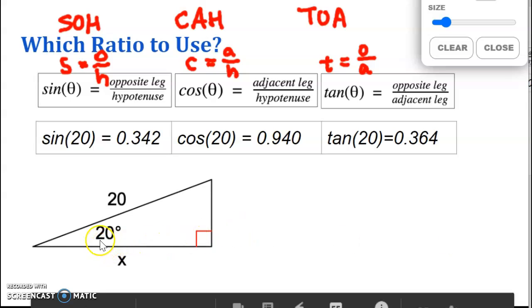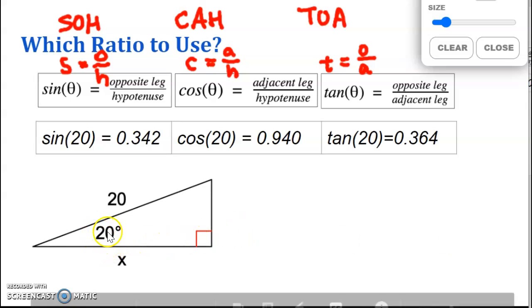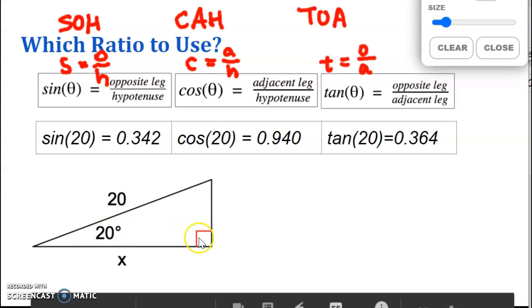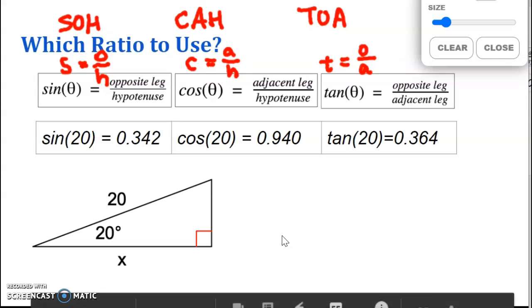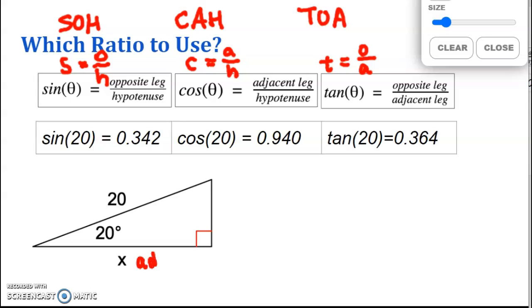So if you have a 20 degrees triangle here, with the reference angle of 20 degrees and a right angle, you have to think about which measurements we are given. We are given this side, which is adjacent to the reference angle, and this is the hypotenuse, right? So we're dealing with adjacent and hypotenuse, which is the ratio of cosine.